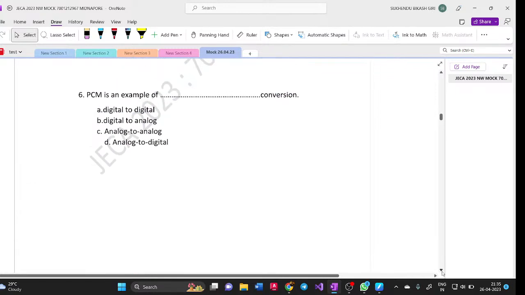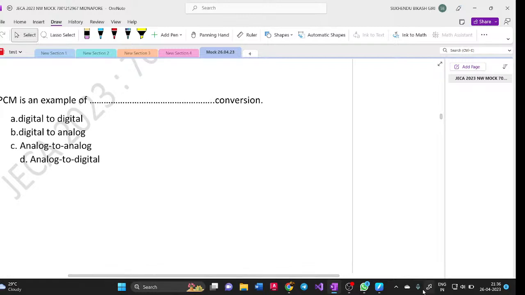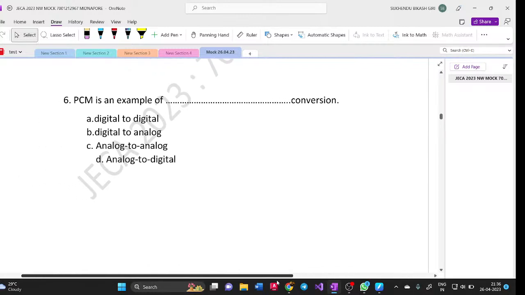Answer question 6. PCM is an example of dash conversion. Digital to digital, digital to analog, analog to digital, or analog to analog.